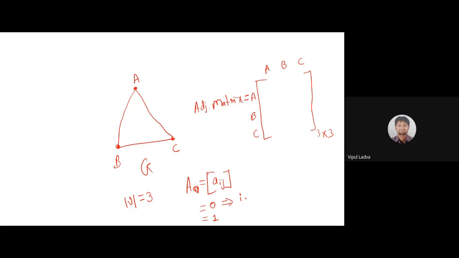If the ith and jth vertex are connected, then the entry will be 1. And if they are not connected, then the entry will be 0.